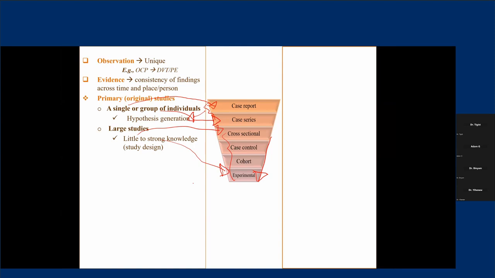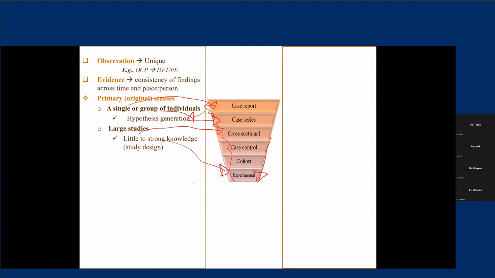But I want you to understand that this doesn't mean that we have to be able to conduct experimental studies in every scenario. There are different issues that limit us from using the higher designs, due to ethical issues, patient characteristics issues, cost and so many other factors. So choosing the strongest study design is not always the best, considering our specific research question.